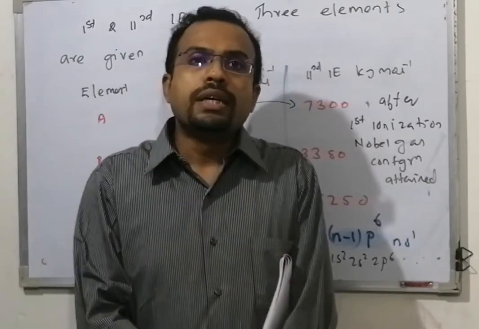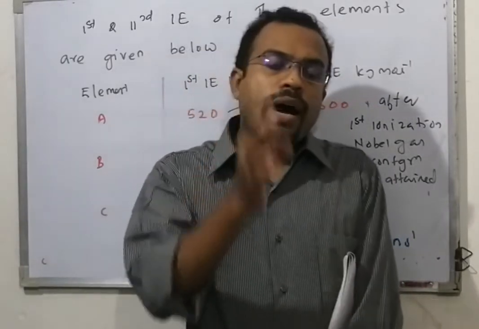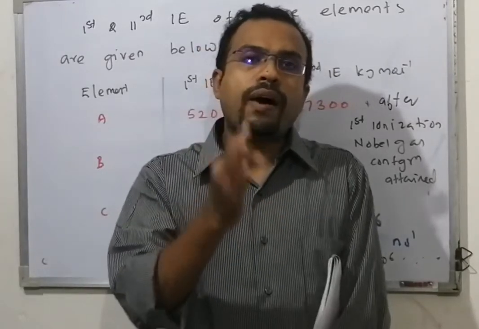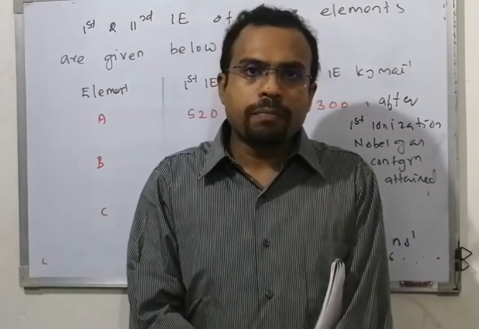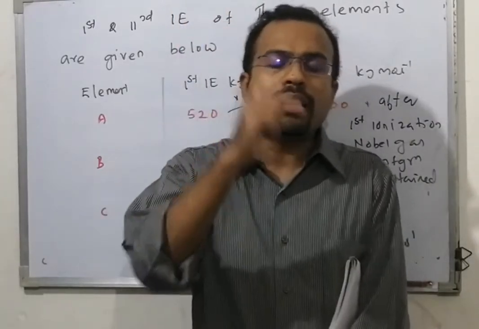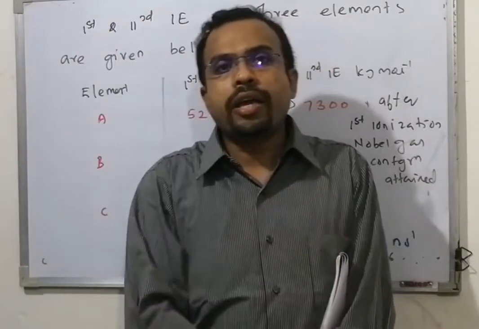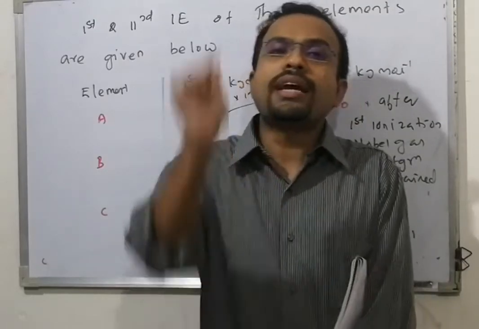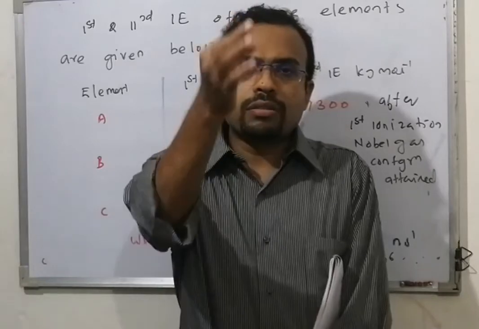Trick 2. In the case of alkaline earth metals, third ionization energy is more than 10 times greater than its second ionization energy. Trick 3.